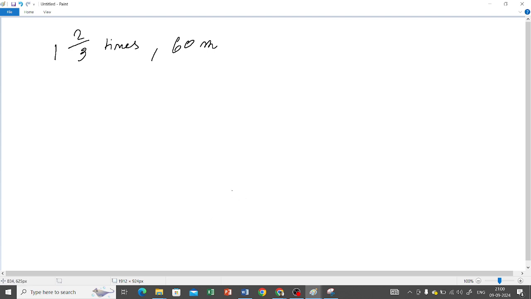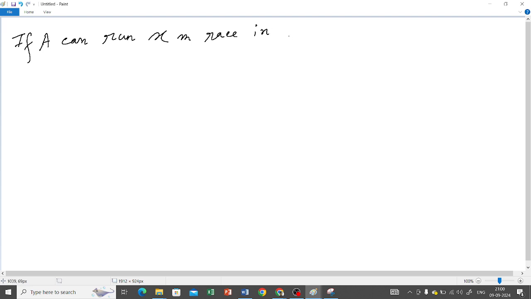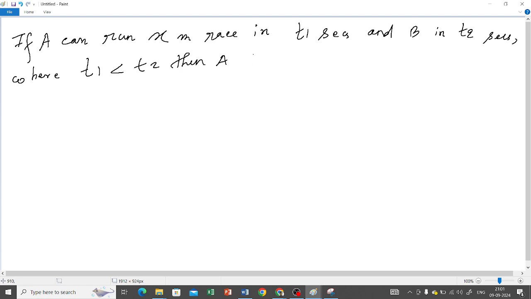Okay. Now write down this theorem. If A can run x meter race in t1 seconds and B in t2 seconds, where t1 is less than t2, then A beats B by a distance.